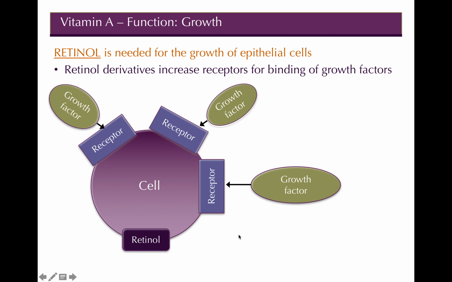So they don't know the whole mechanism involved, but they do know that when retinol derivatives bind to a cell, that increases the amount of receptors that float to the surface. So then more growth factors combine. So somehow the binding of retinol to the cell is helping to increase the amount of receptors, so more growth factor combines, so then more growth can occur, basically.